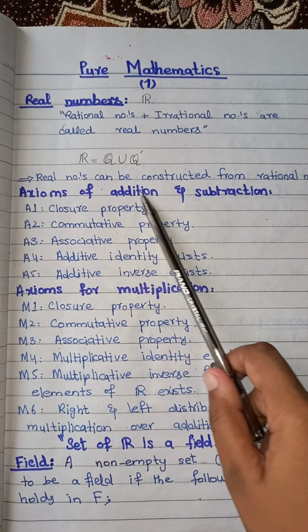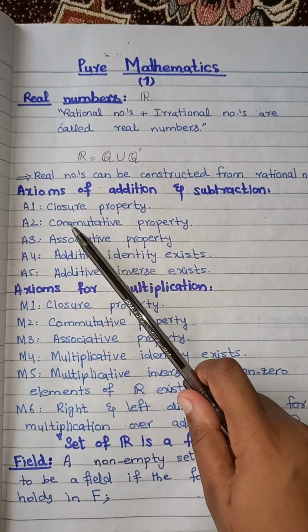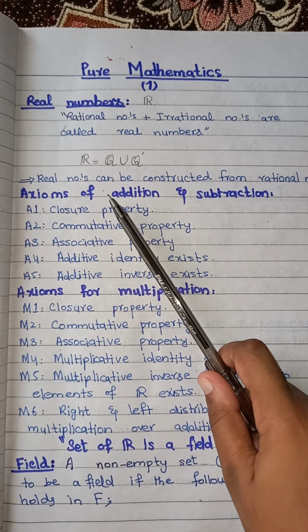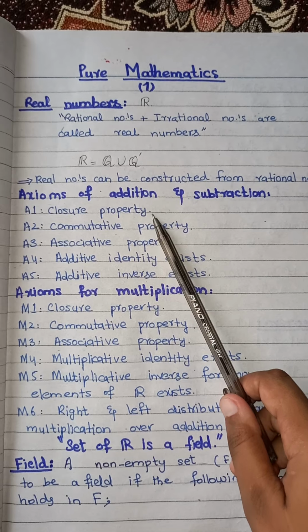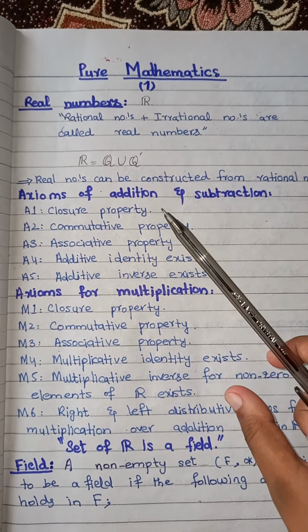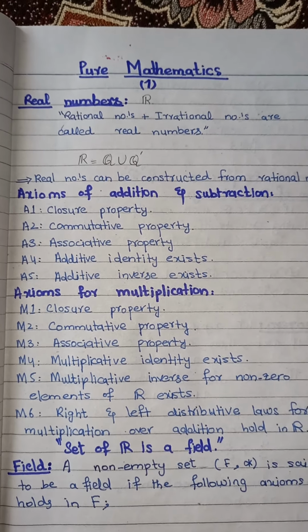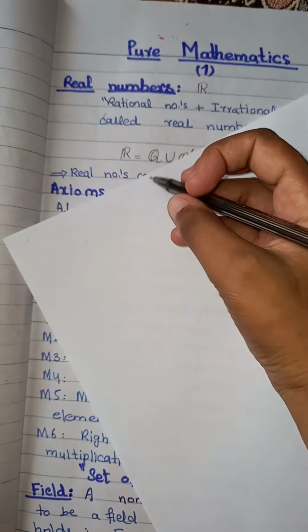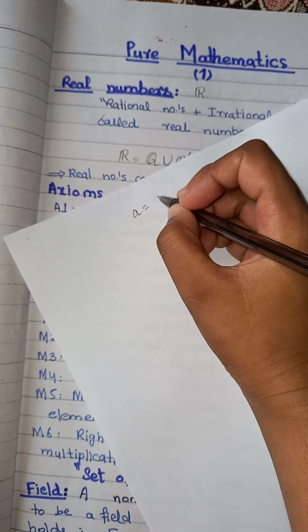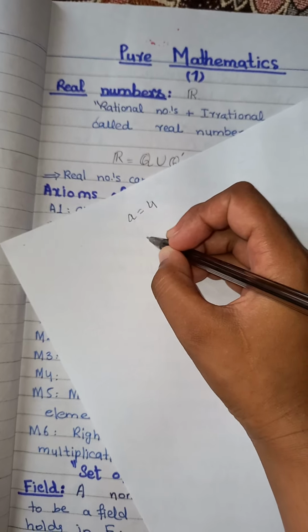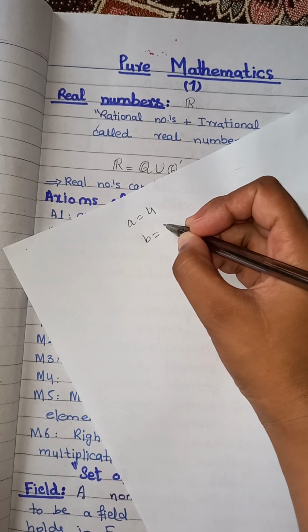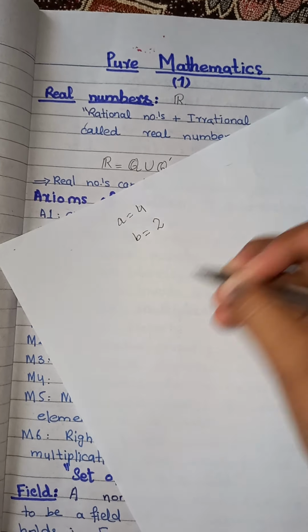For example, the axioms of addition and subtraction, like the closure property, hold. If we take two real numbers and add or subtract them, we will get another real number. For example, I take our first real number a as 4, and b maybe you can take 2.